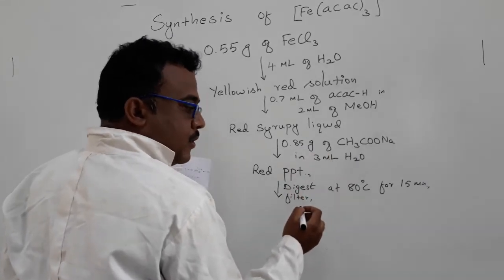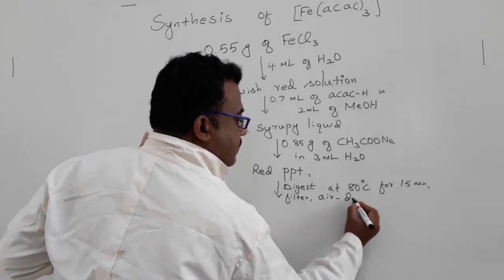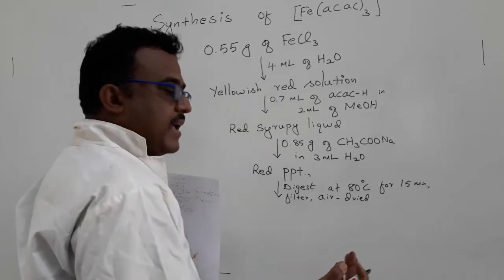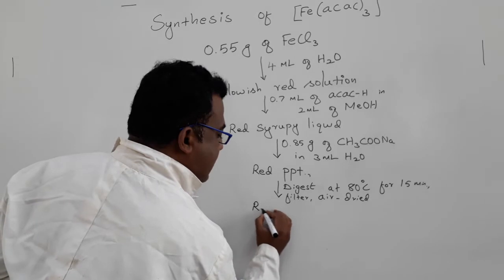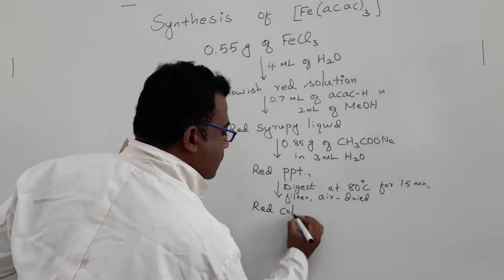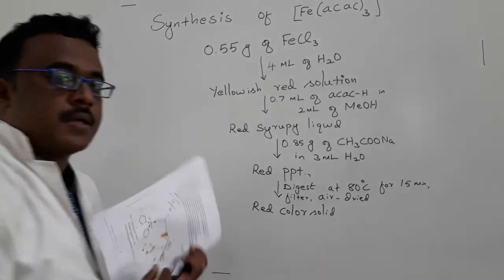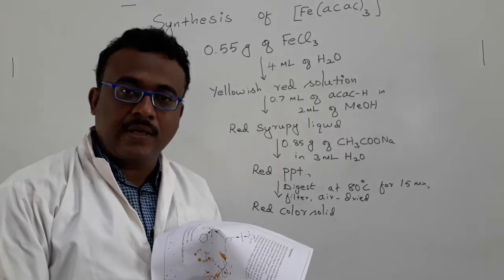Then air dry. It is a highly air stable compound, so you can dry it even in air. You will get a red colored solid. This needs to be further recrystallized with alcohol.